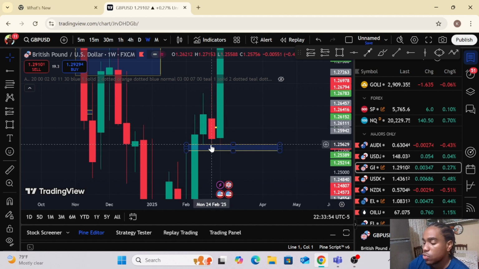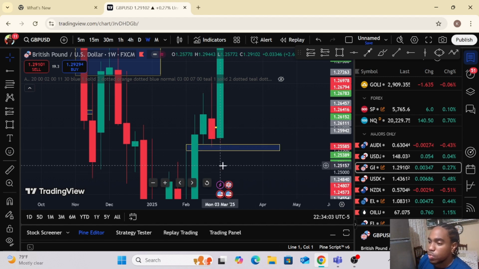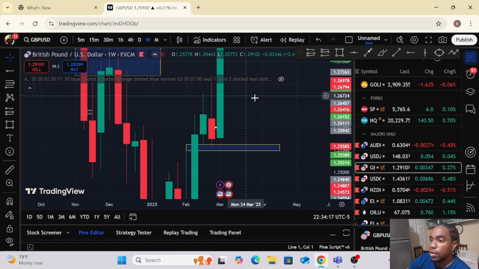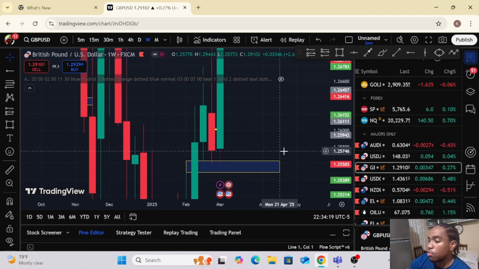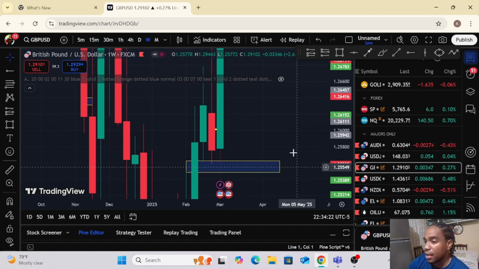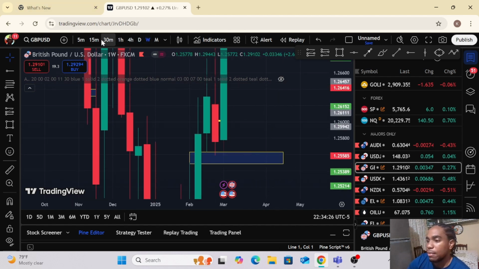Sell orders have to come into the market so that price could rebalance itself for it to push higher. So when I saw price come into that zone, automatically what I'm looking for is a market structure shift to the upside, because I want to buy. If price is coming into the zone, they're essentially filling those buy orders for them to move higher.